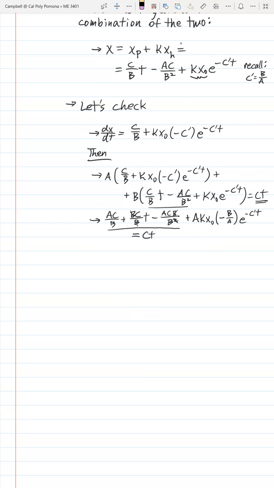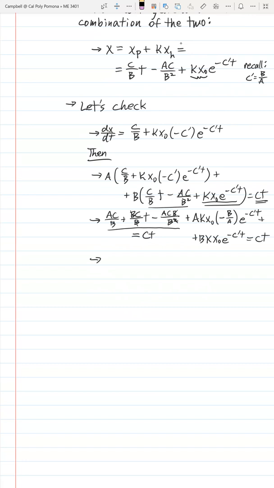And then down here, what do we have? Down here, we have a b, so that's plus b times k x naught e to the negative c prime t. And this whole thing needs to be equal to c times t.